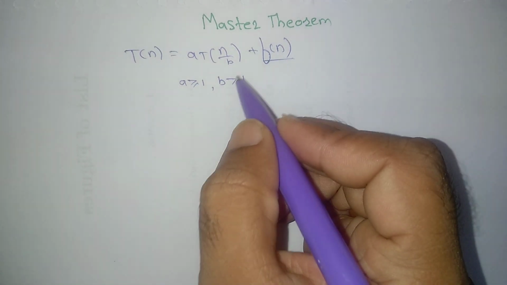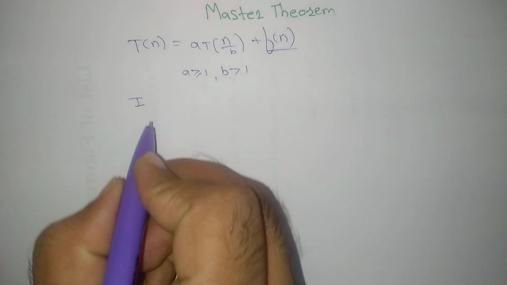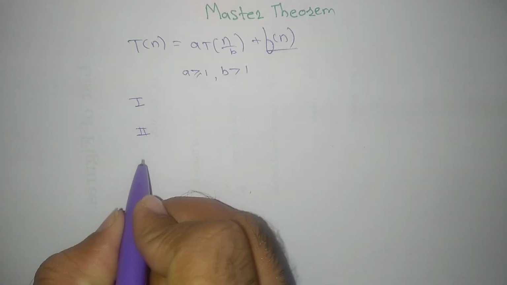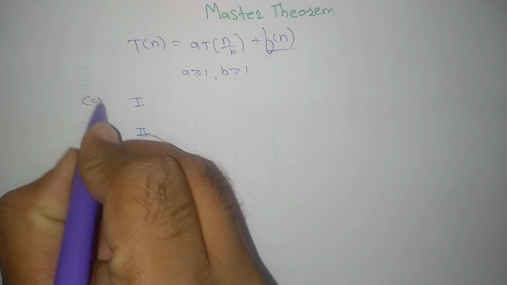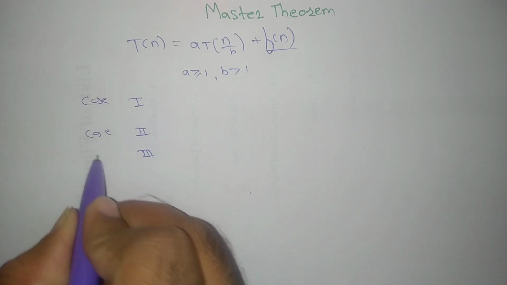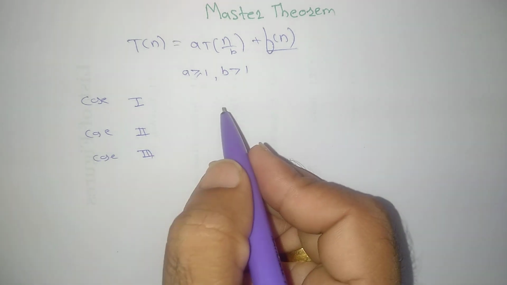Before that, there are three conditions: condition 1, condition 2 and condition 3. These are the cases: case 1, case 2 and case 3. We'll try to understand what the answer is.